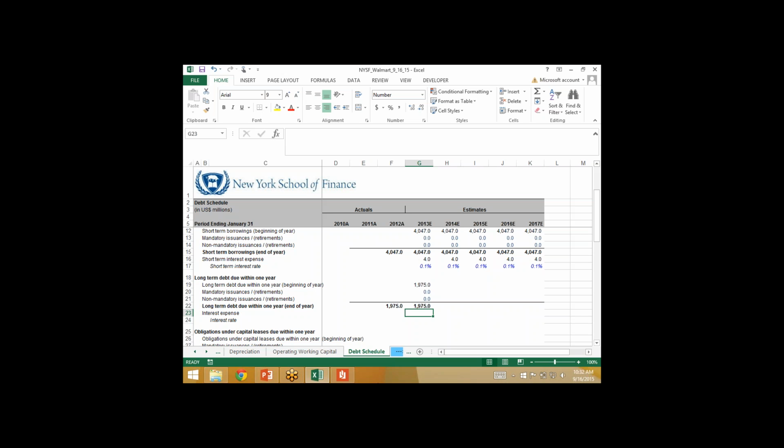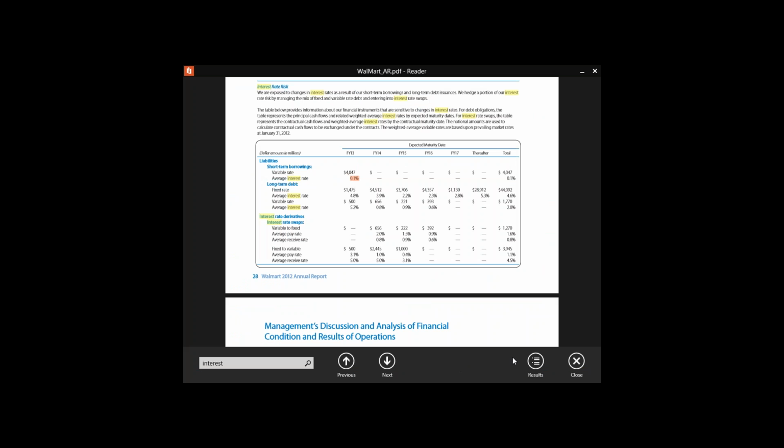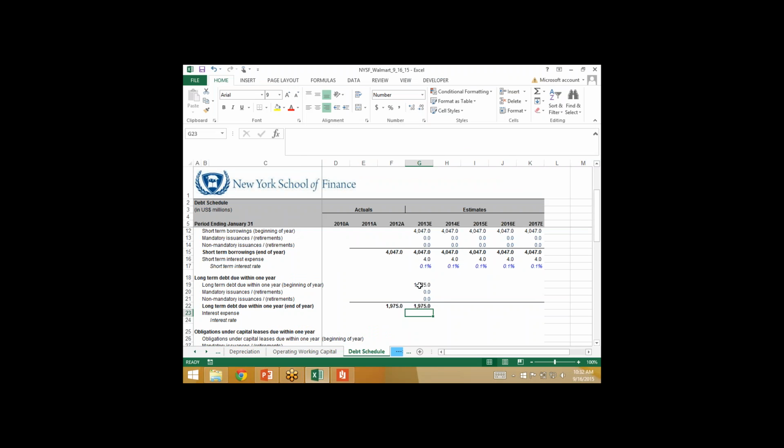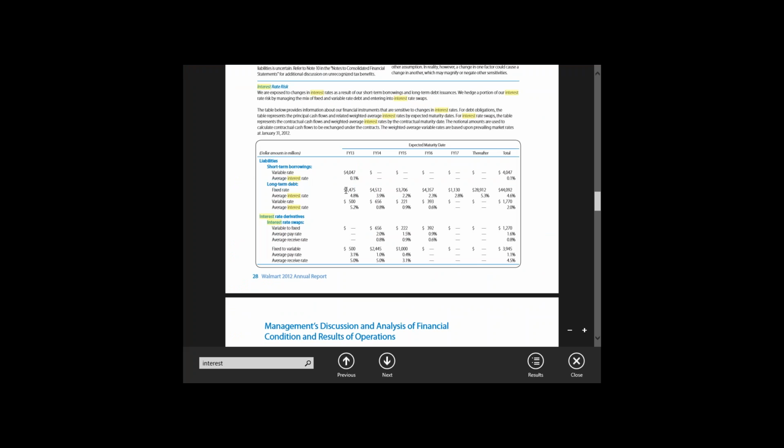And so when we want to figure out the rate on this interest, if we go to this table, you'll notice that we have 1975, they have here 1475 and 500. That's our 1975: 1475 and 500. They separated it out into two pieces.